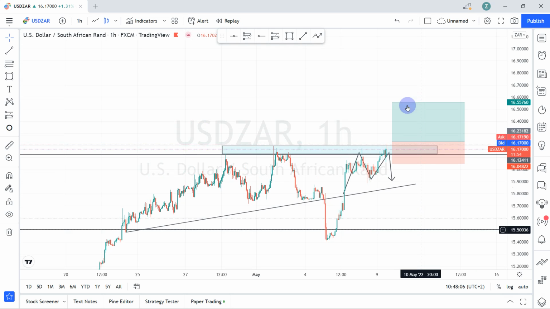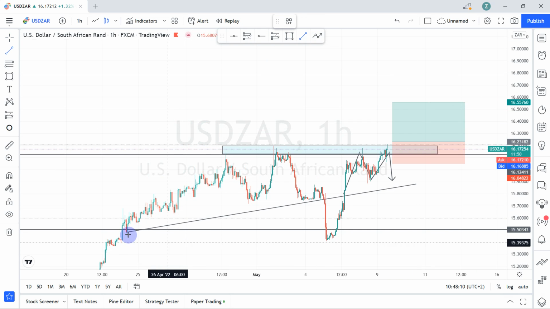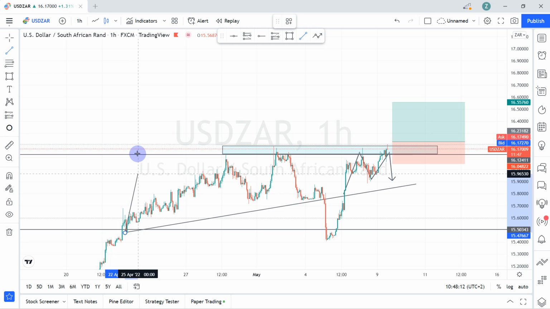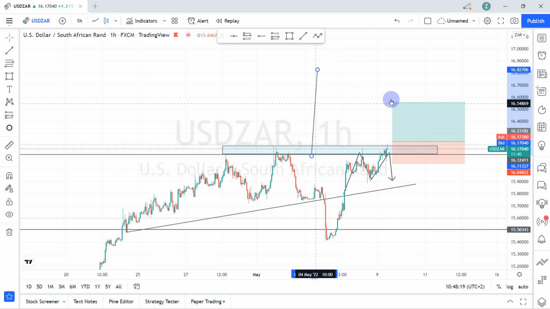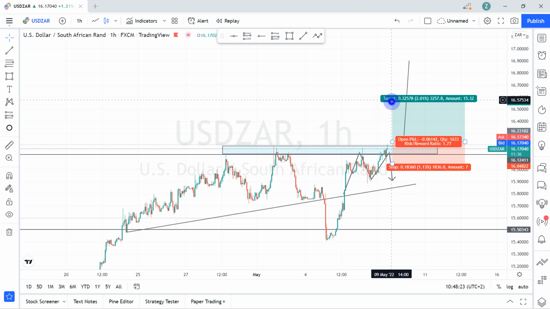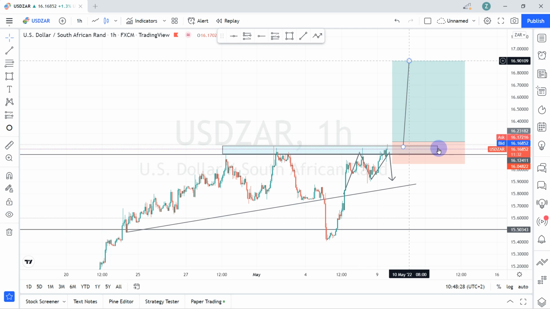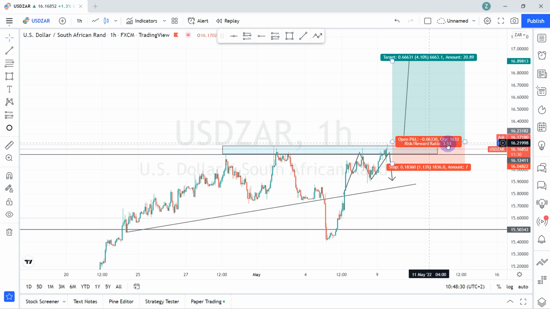And wow, I don't even know where my take profit would be, but let's calculate the size of this pattern. So basically my take profit is somewhere there. As you can see, the risk to reward ratio is a good 1:3.63.